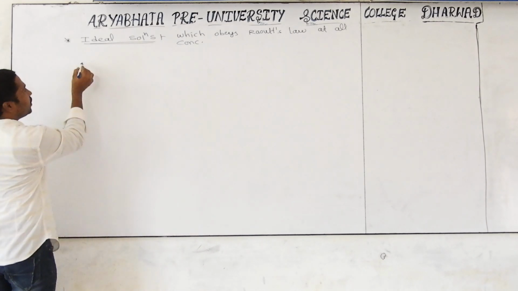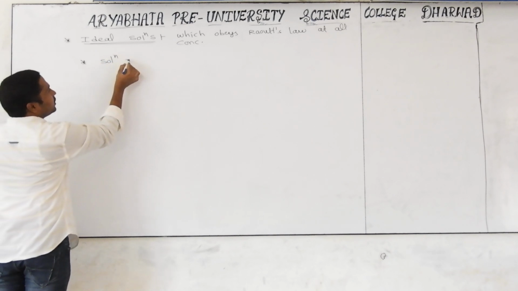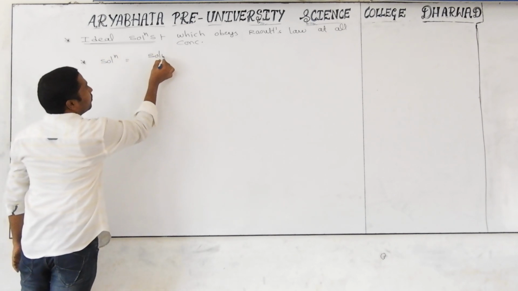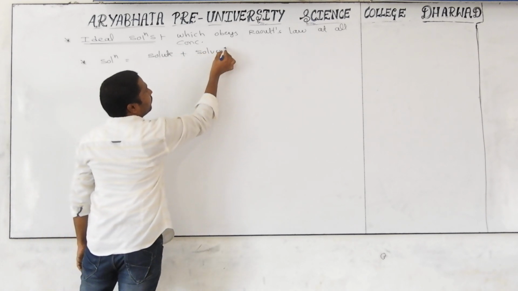See carefully. First point, I am taking a solution. The solution is made up of two components. One is solute, another is solvent.